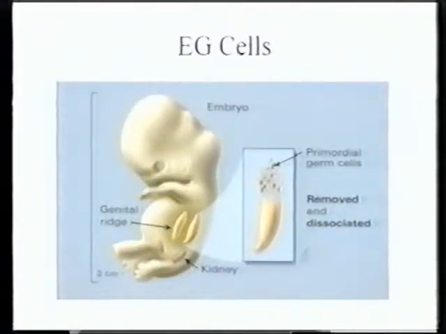Now, where do we get these cells? These are from human fetuses. Now, I'll tell you that the cells that we used were derived from a human elective abortion in the mid-1980s, one, and the cells have been grown and expanded ever since without any need to go back to another source of fetal tissue.